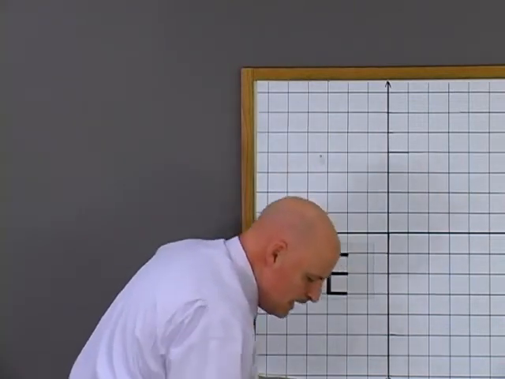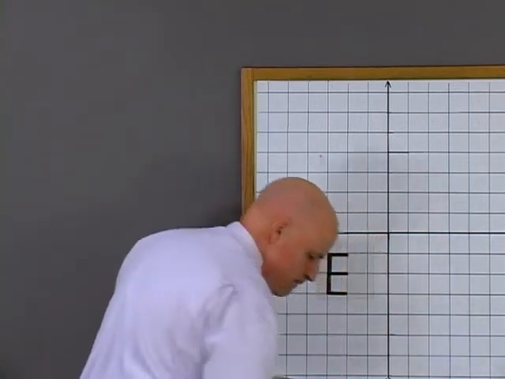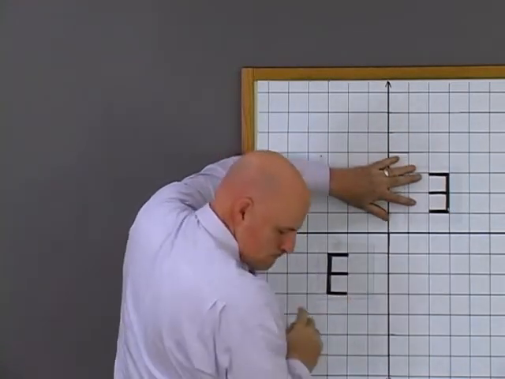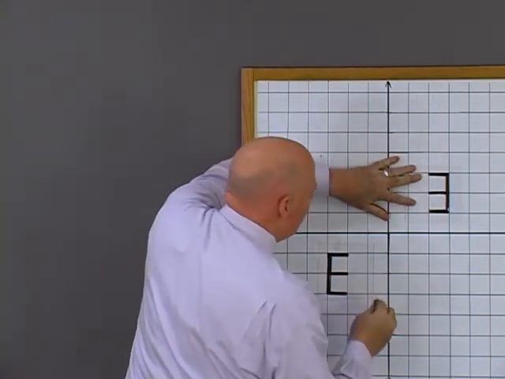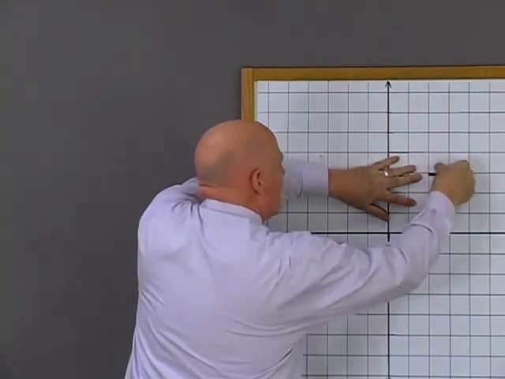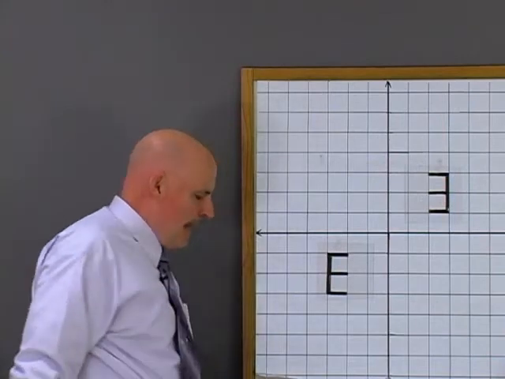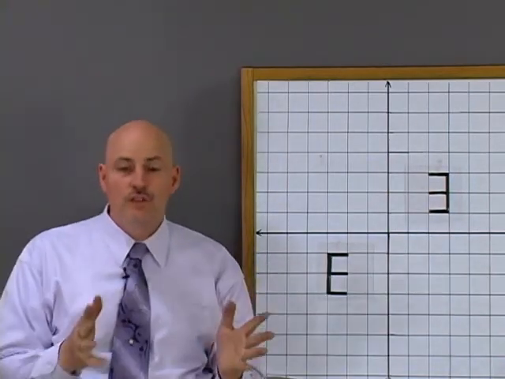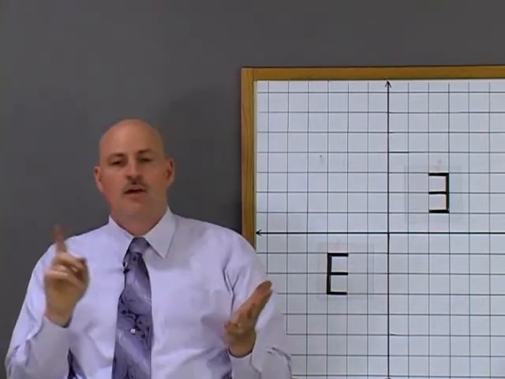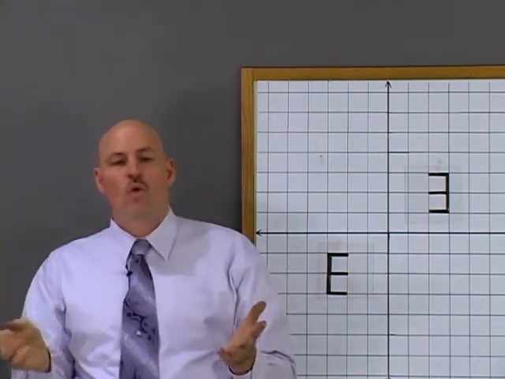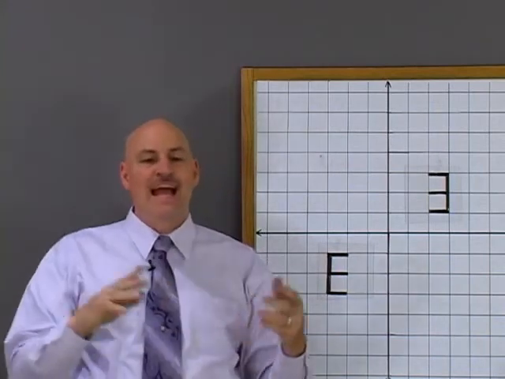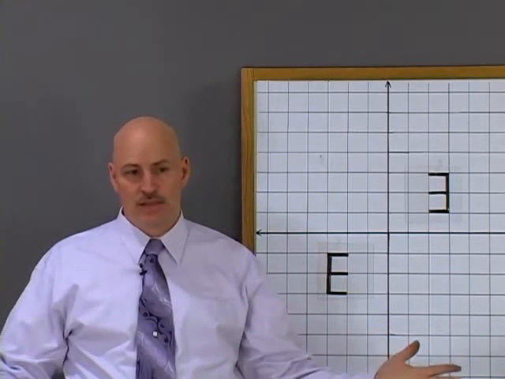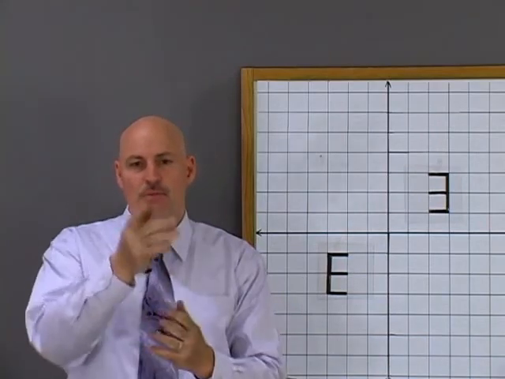So if we're moving the E's from there, and we're going to put this E up here, there you go. Okay, how could I get from here to here using either a translation or a rotation or a reflection or any combination thereof? There are many ways. Just give me one back there in the back.